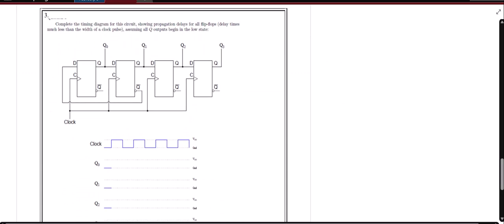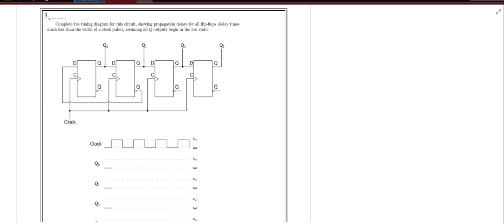Okay, so let's see this next one. Complete the timing diagram for the circuit showing all propagation delays for all flip-flops, delay times much less than the width of the clock pulse.